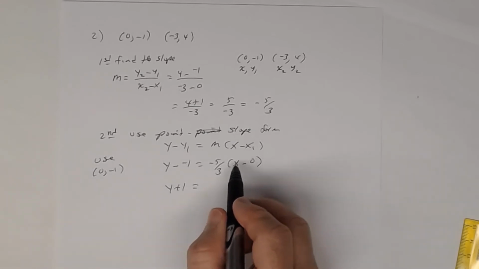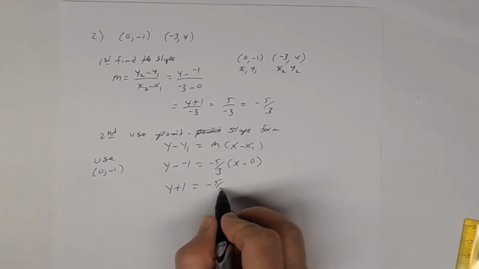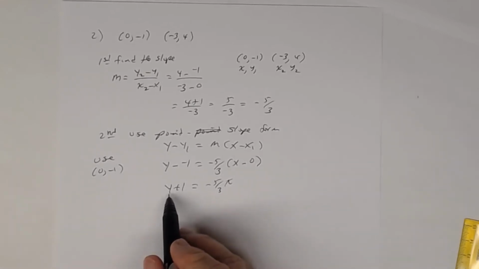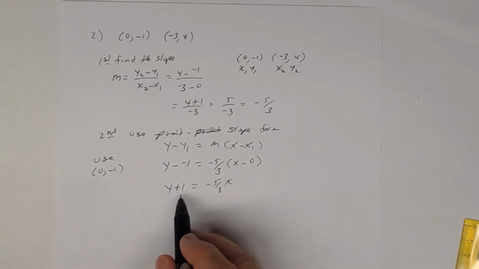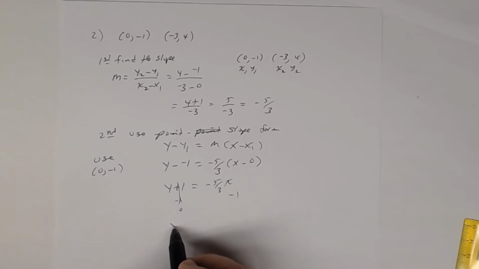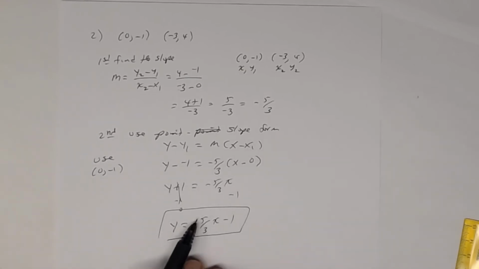I want you to realize that x minus 0 is x, right? So this is just negative 5/3 x right here. And then it's just a matter of you getting y by itself, because remember, you want to write this in slope-intercept form. So you get y by itself, combine like terms, and you have your answer: negative 5/3 x minus 1. There's the answer. So your slope is negative 5/3 and your y-intercept's negative 1.